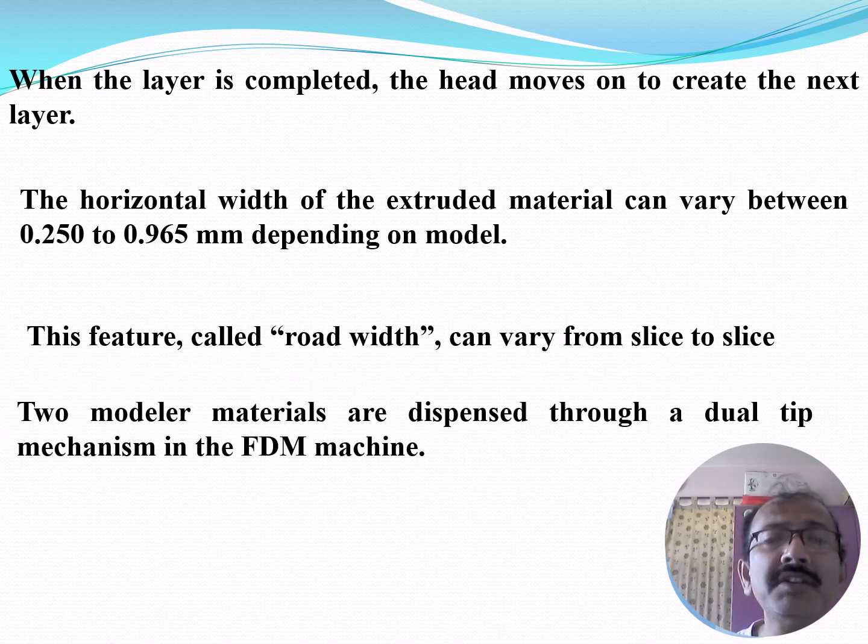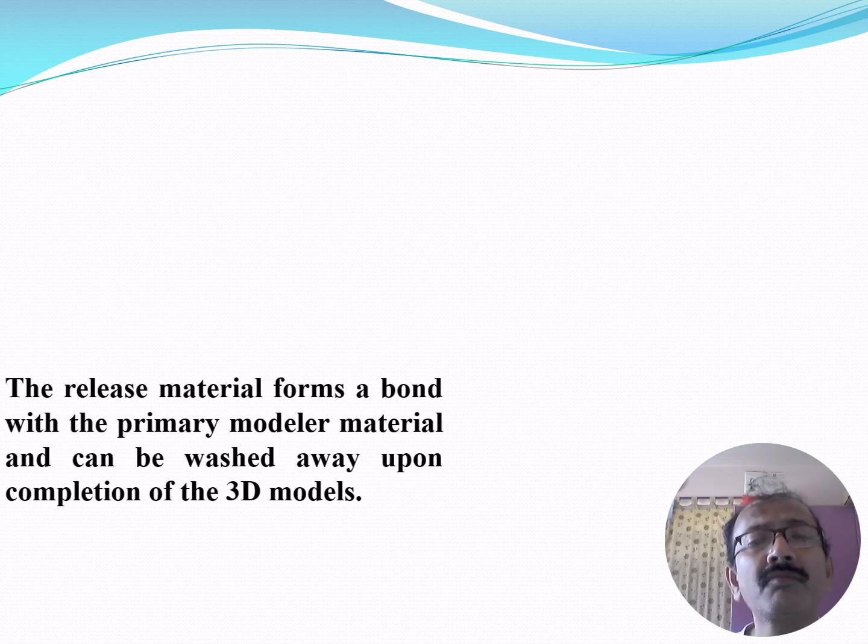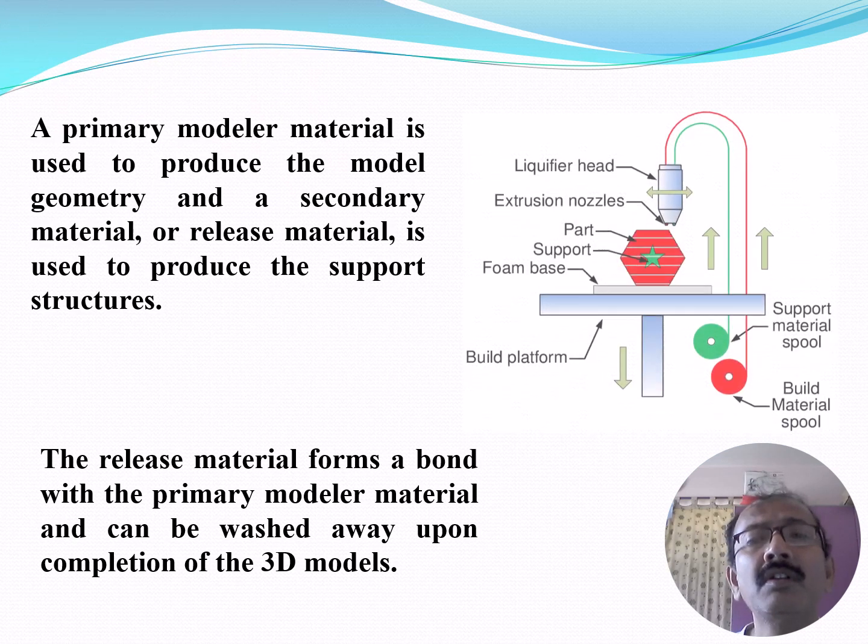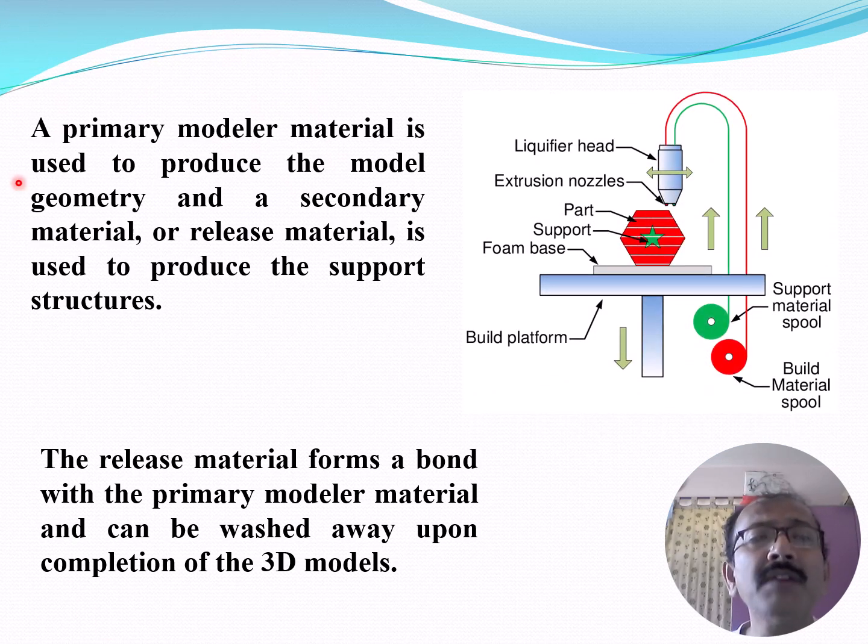Two modeling materials are dispensed through a dual tip mechanism in the FDM machine. Now, this is the diagram. A primary modeling material is used to produce the model geometry and the secondary material or release material is used to produce the support structure.